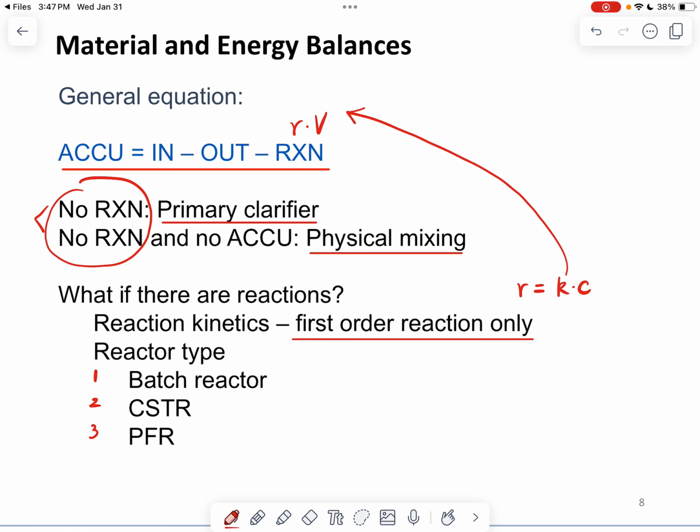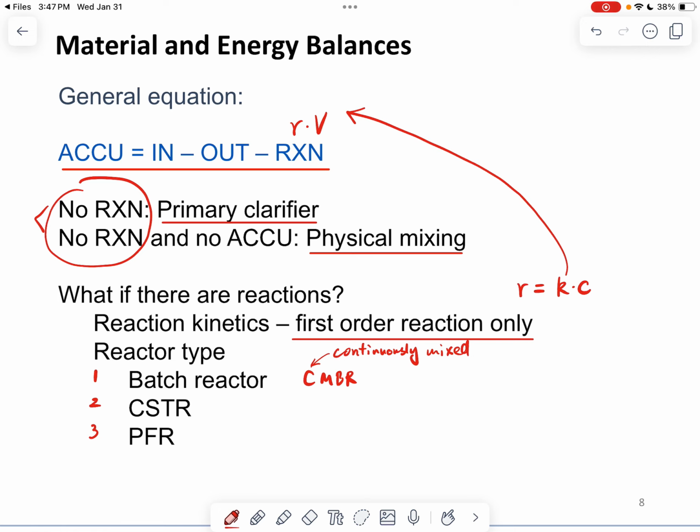So the first type is the batch reactor. Some people also call it the CMBR. In the textbook, it's also called CMBR, the continuously mixed batch reactor.